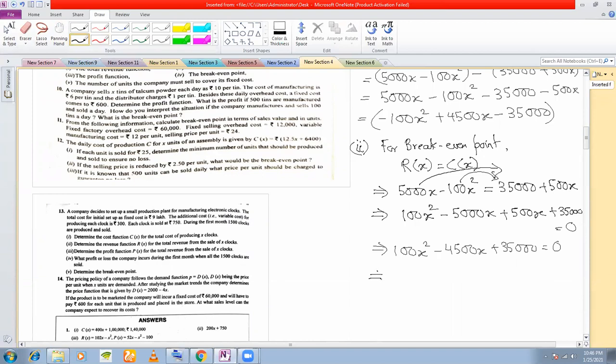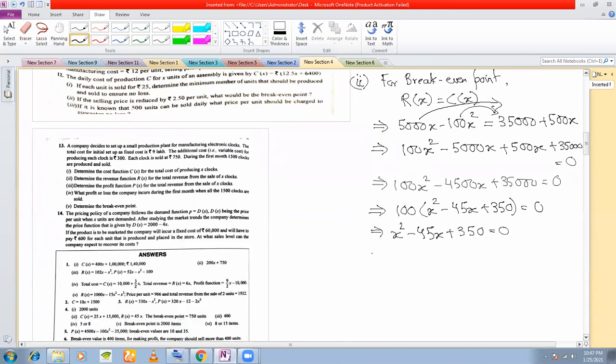Now you can take common because we have to solve this equation. So 100 we take common. x square minus 45x plus 350 is equal to 0.